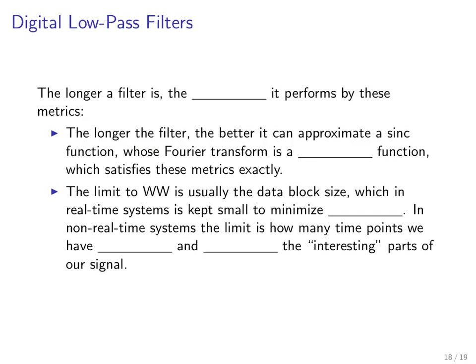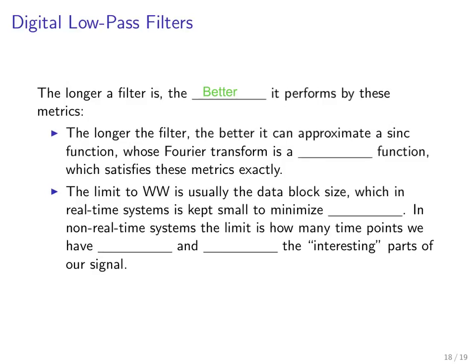And it turns out that regardless of the kind of filter you're trying to use, the longer the filter is, the better it will perform by these metrics. That is, these metrics of trying to minimize the passband and stopband ripple and make the transition width as narrow as possible. Intuitively, that's because the longer the filter is, the better it can approximate a real sinc function, whose Fourier transform, as we saw before, is a rect function.